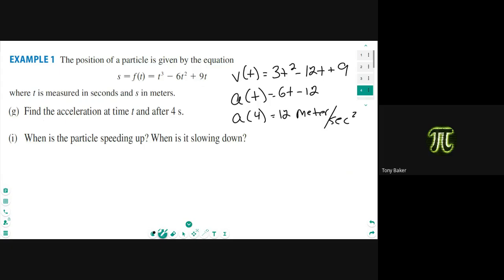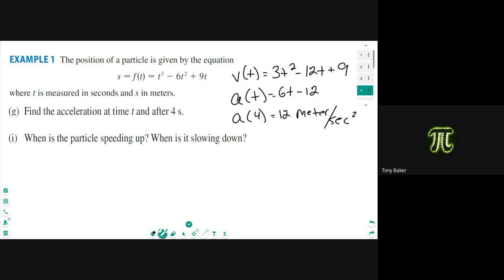We have the position, we have the velocity, and the acceleration. So when the particle is speeding up, what's going to be true? Your velocity is increasing. Okay. So if my velocity is increasing, that means what's going to be positive? My acceleration is going to be positive.